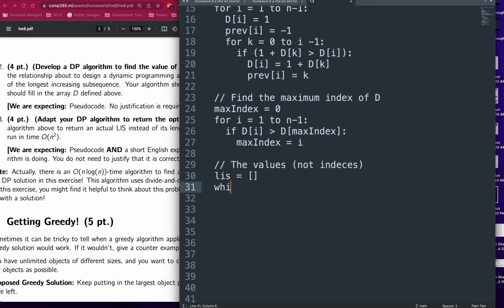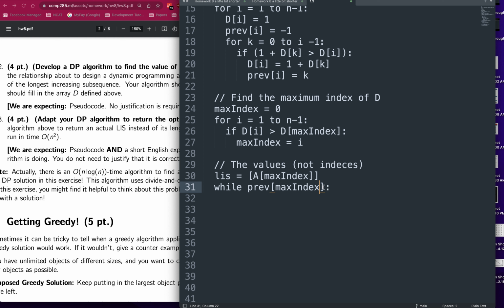And we're going to say, okay, while pref of max index. So we actually don't start it at 0. Sorry, we start at a of max index. So we know we end here, okay?